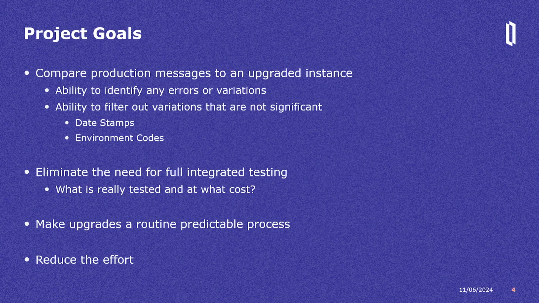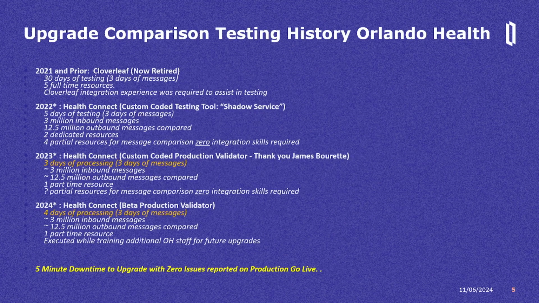But generally, we wanted to be able to identify errors and variations between an upgraded system and the current system that's in production, and obviously eliminate the testing costs and make things a little bit more predictable.